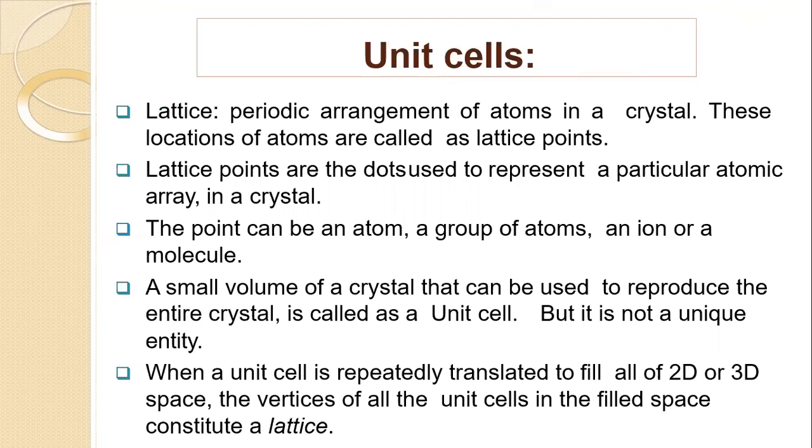Next, lattice points are the dots used to represent a particular atomic array in a crystal. So these lattice points are the edges used to represent a particular atomic array, known as dots in a crystal structure, that is called lattice points.